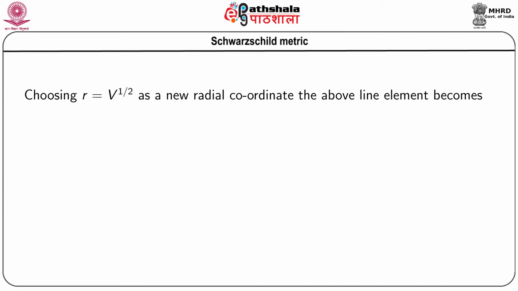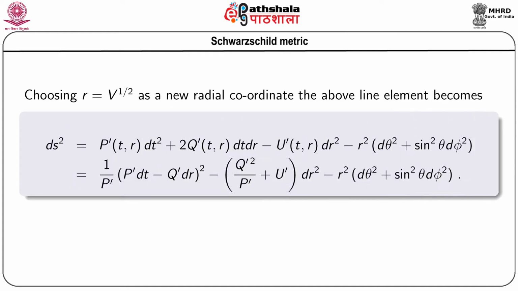The above line element will take the form in this way: ds square equal to p dash, a function of t and r, dt square plus 2 q dash, it is also a function of t and r, dt dr minus u dash dr square minus r square in the bracket d theta square plus sin square theta d phi square, and arranging the terms we can write in this form: 1 by p dash, dt minus q dash dr whole square, minus in the bracket q dash square by p dash plus u dash, dr square, minus the last term r square, d theta square plus sin square theta d phi square.